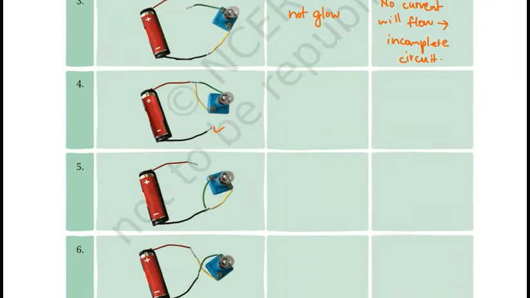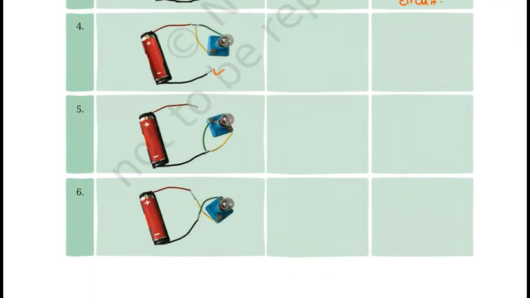Now, coming to the fourth one. In the fourth case also, the lamp will not glow. Why will the lamp not glow? Because you see the two wires of the bulb, they both are connected to the positive terminal. In order for the current to flow, one should be connected to the positive terminal, the other should be connected to the negative terminal.